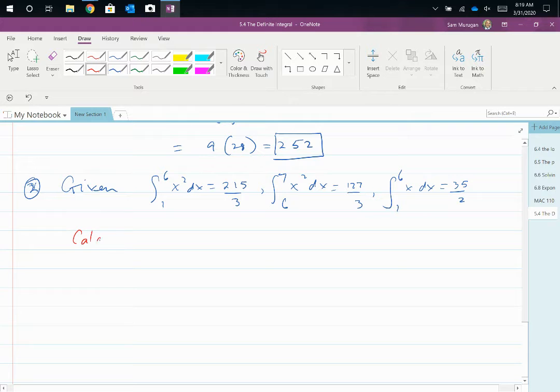Calculate the integral between 6 and 1 of 4x plus x squared dx.